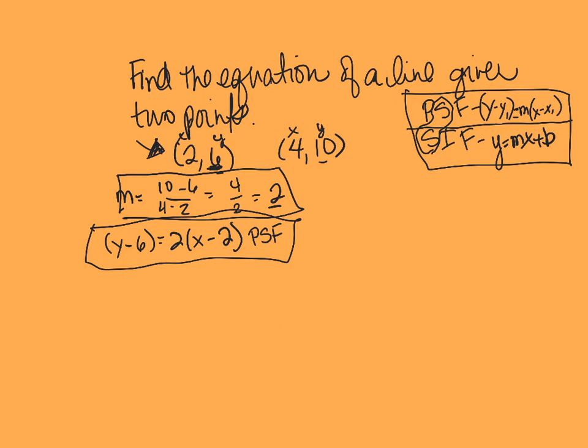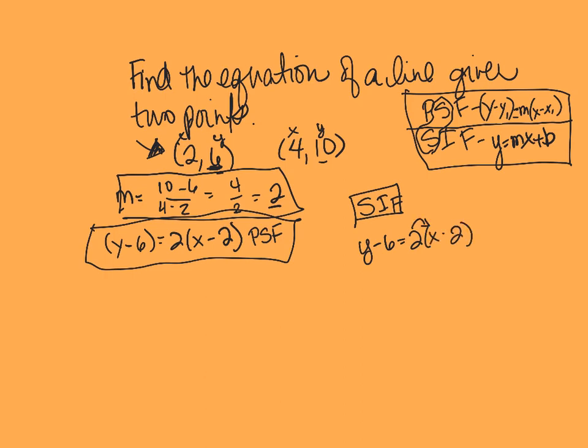So here we have this equation. So we need to distribute it first. So I'm just going to write it over here because this is going to be my slope intercept form right here.